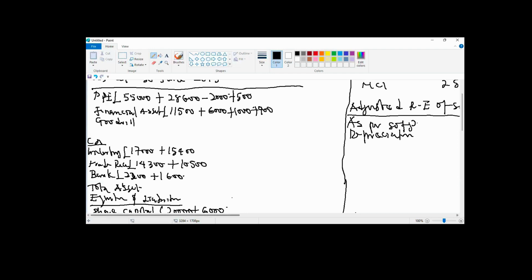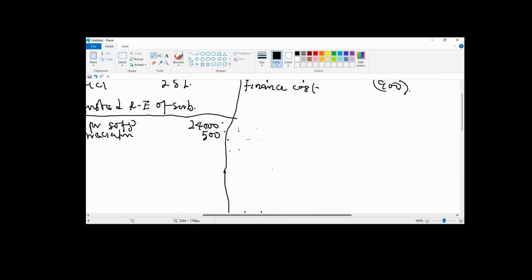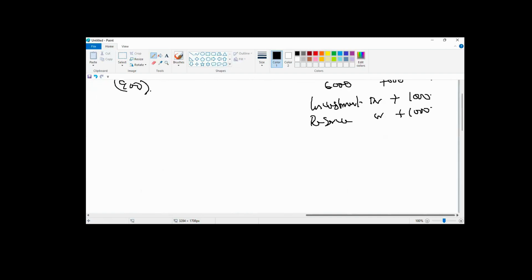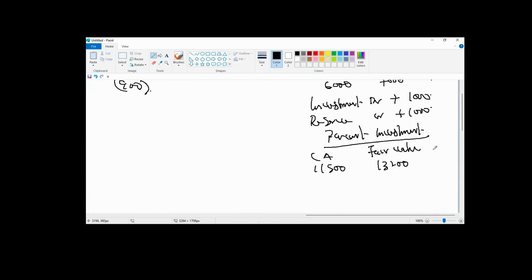See the post. Parent investments carrying amount 11.5, but now fair value 13.2. What is the difference? Oh yeah, 13.2 minus 11.5.